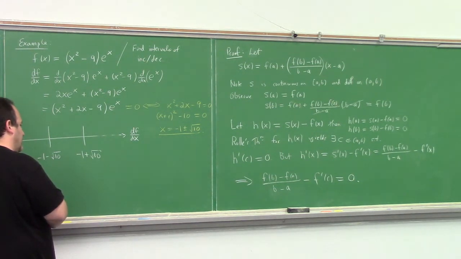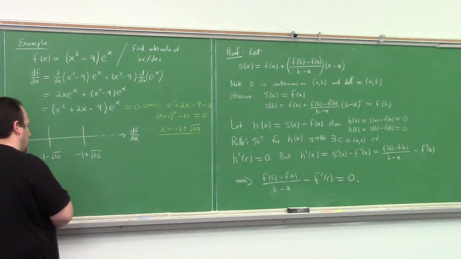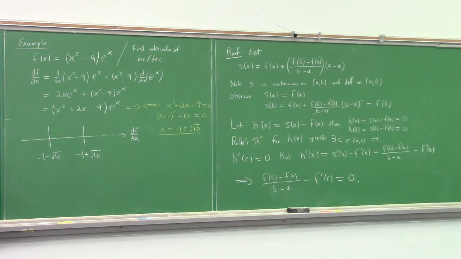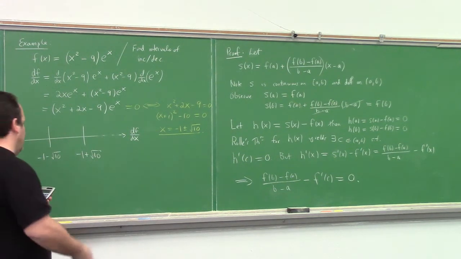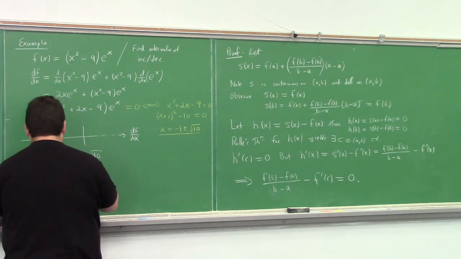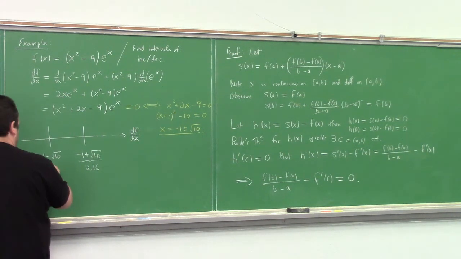Square root of 10 should be larger than 3. Oh, you were giving me the whole number. You were giving me square root of 10 minus 1. I was asking for the square root of 10. You're fine. So you did this, and that is indeed 2.16, roughly speaking, right? Very good. And this is minus 4.16.